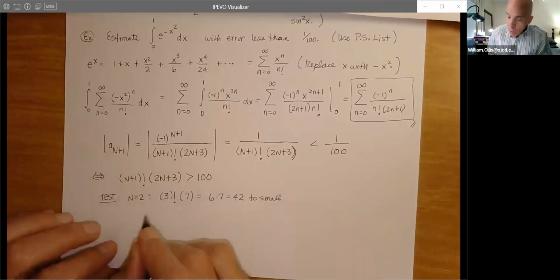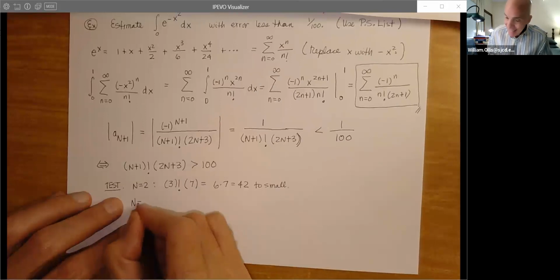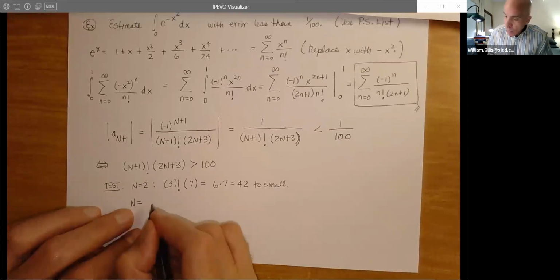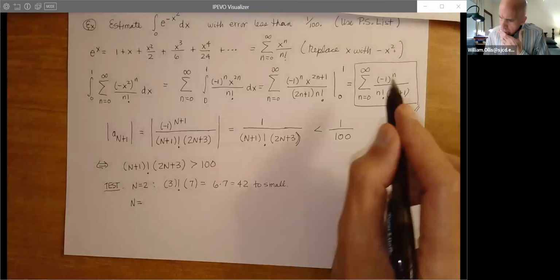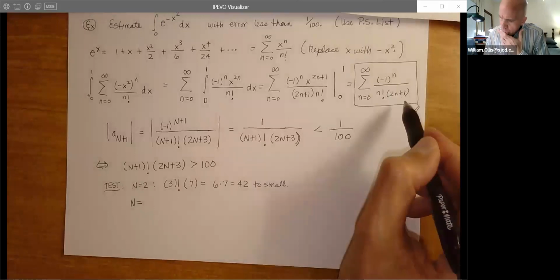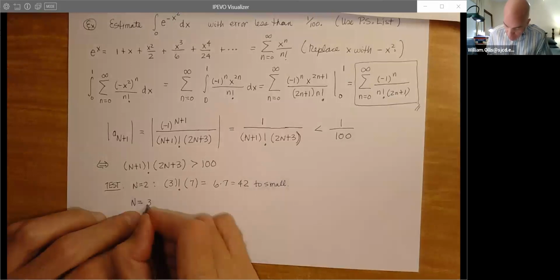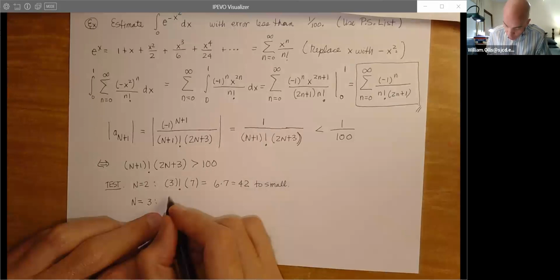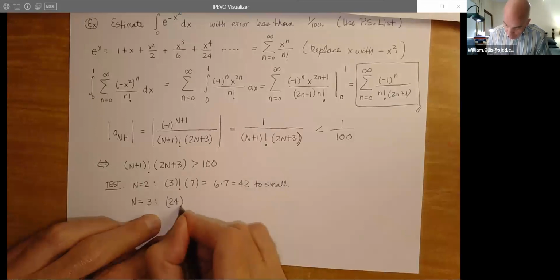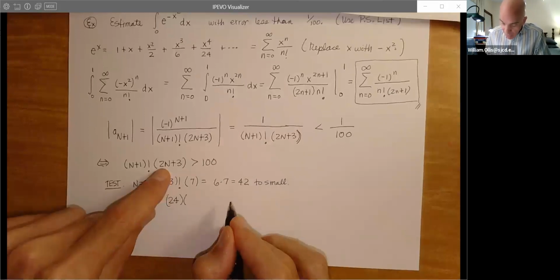Let's try n equal 3. So n plus 1, so we've got 4 factorial, which is 24. And here we've got 6 plus 3, that's going to be a 9.